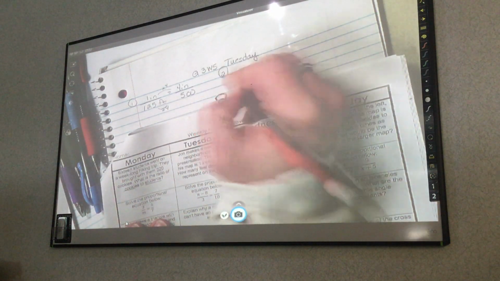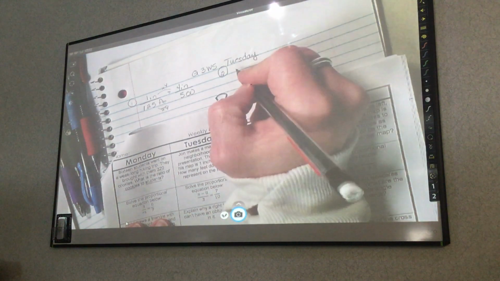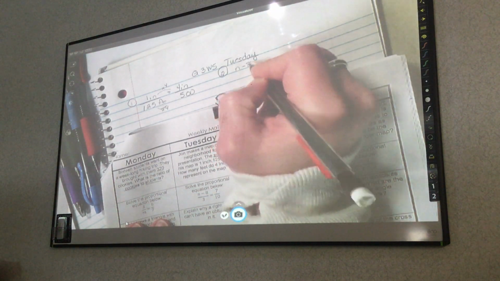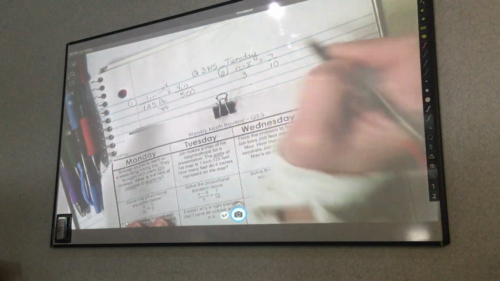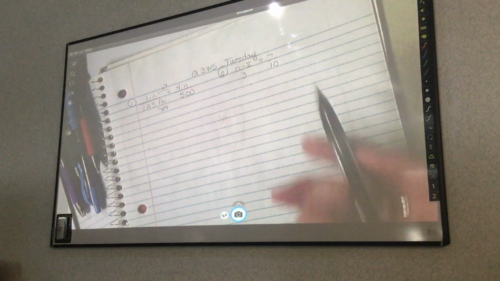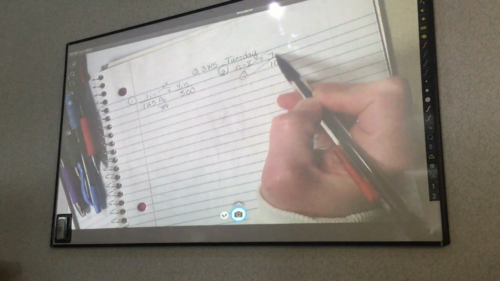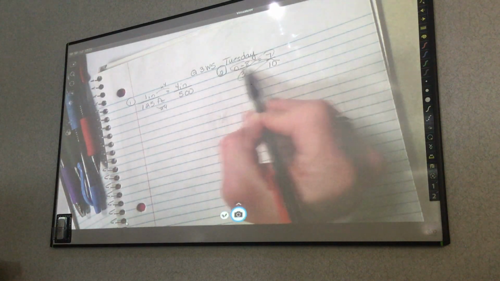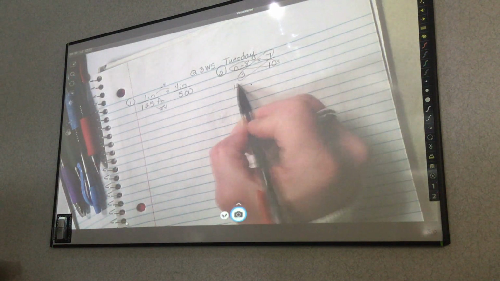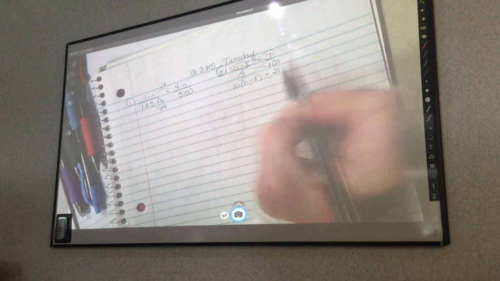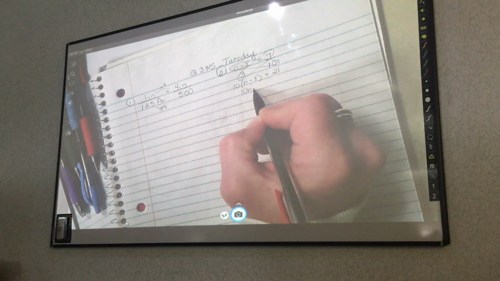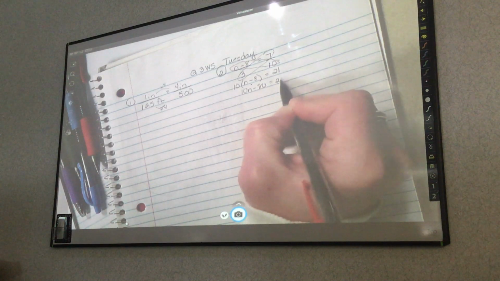Number 2, we are to solve the proportion (n minus 8) over 3 equals 7 over 10. This one's not as easy, so I need to do my cross product, cross multiplication. 10 times quantity n minus 8 equals 21. So 10n minus 80 equals 21.